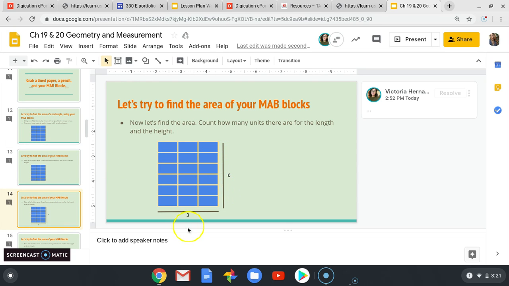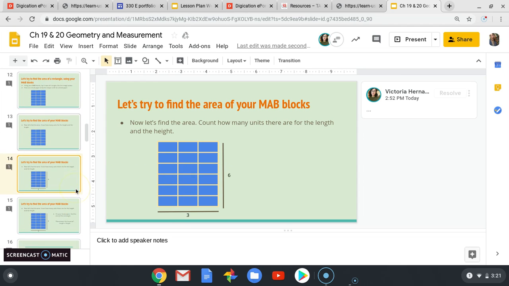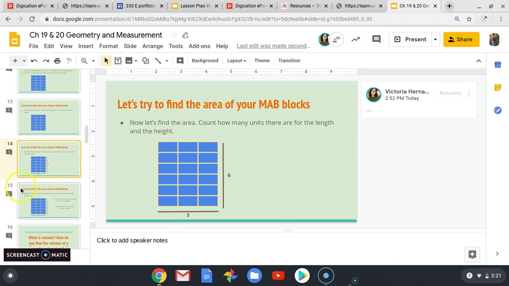Shown here, 6 times 3. And it's okay to count and write it on the side so you don't mess up the calculations. On your lined paper, find the area and always remember the formula, length times height. It's good to remember formulas because you will carry them on.